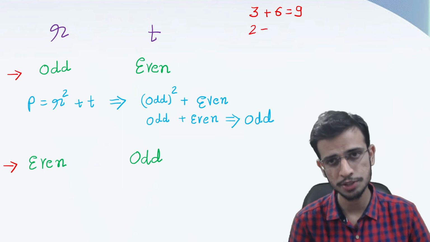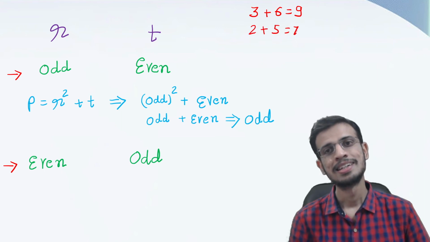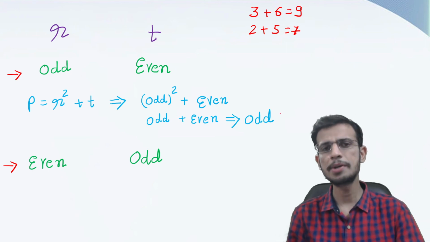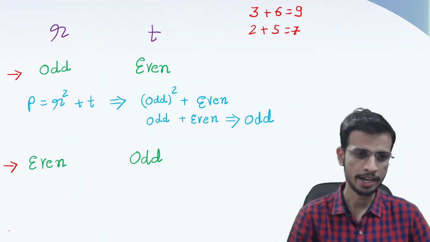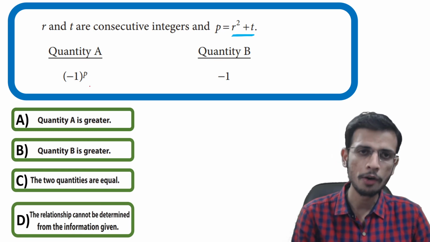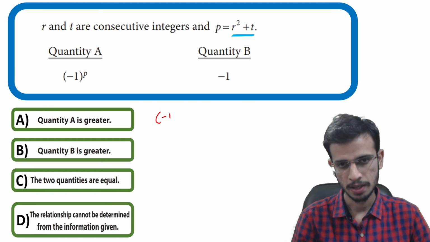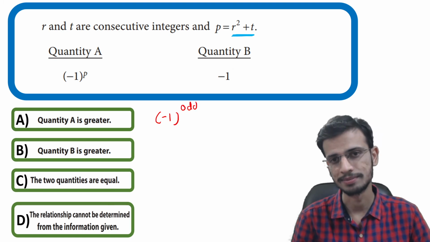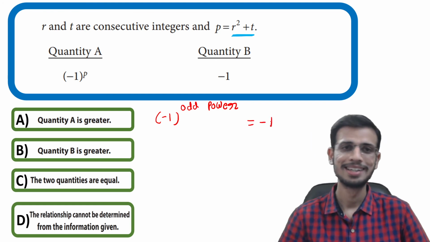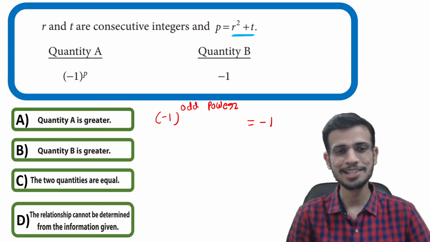We are taking 2 plus 5, that is also odd. So in this case, we got P as an odd number. P will be odd, and if you are taking minus 1 raised to P, we are taking an odd power of minus 1. Minus 1 raised to an odd power will be equal to minus 1. And quantity B is also equal to minus 1.